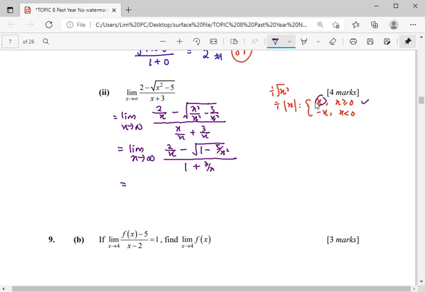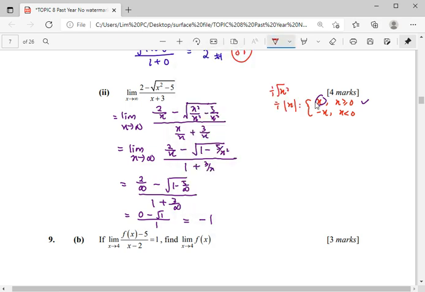And then we try to substitute our infinity inside. So 2 over infinity minus the square root of 1 minus 5 over infinity, over 1 plus 3 over infinity. So what can we get here? It will be 0 minus 1, over 1. So we get our answer equal to -1.